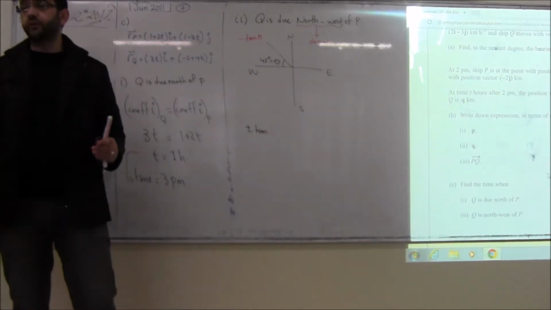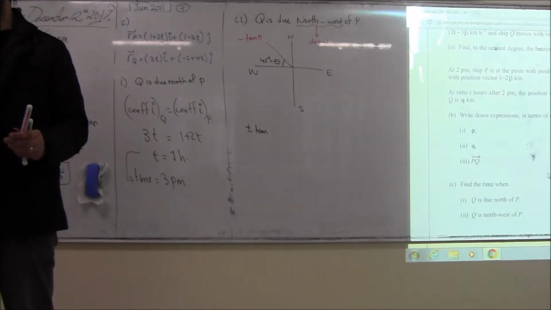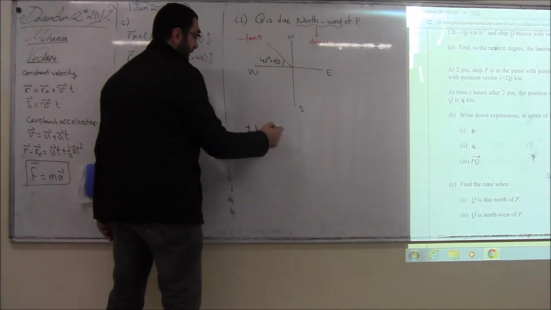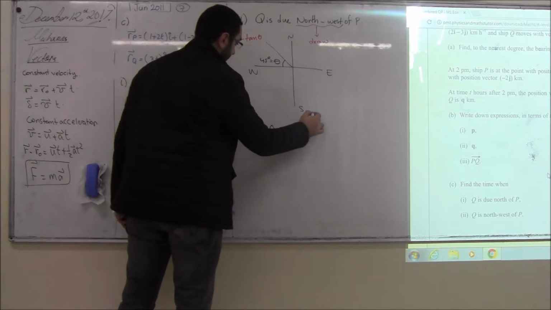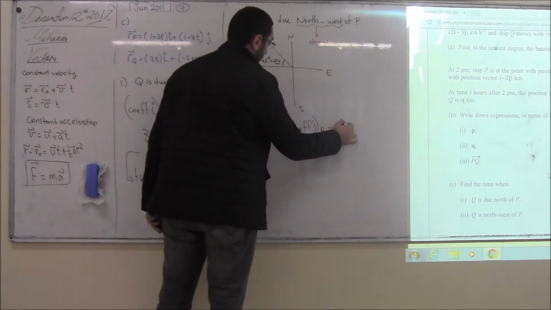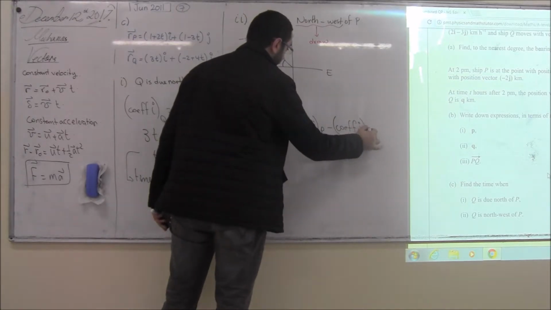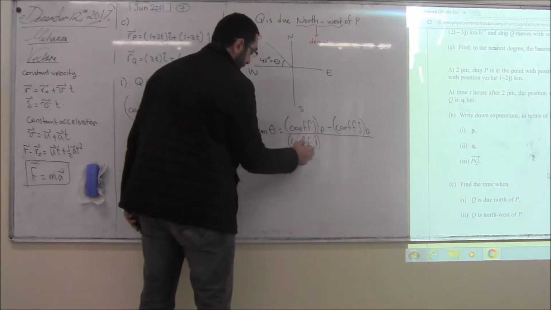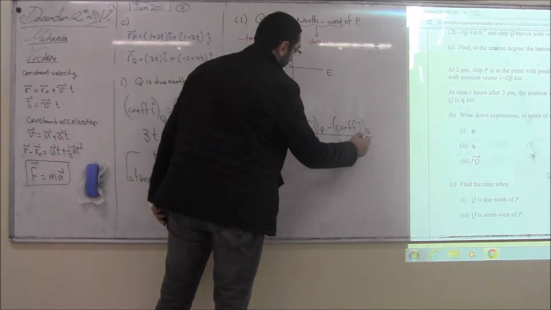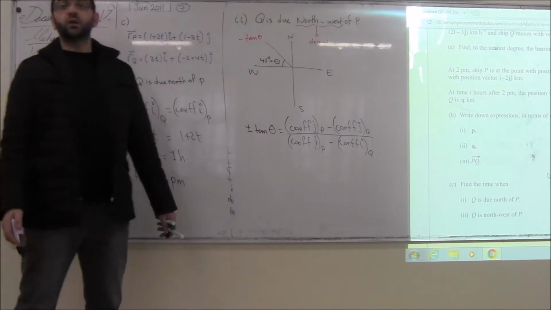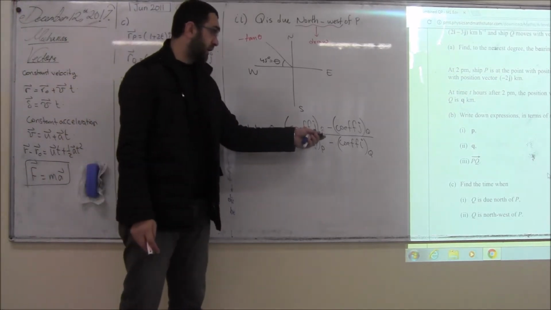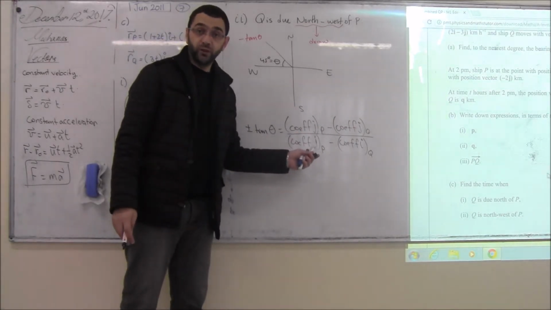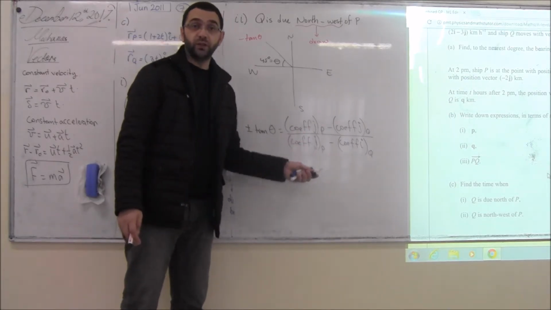So minus tan theta equals the coefficient of j for P minus the coefficient of j for Q, over the coefficient of i for P minus the coefficient of i for Q. Whether P or Q, if I start with P in the numerator, in the denominator I have to start with P.